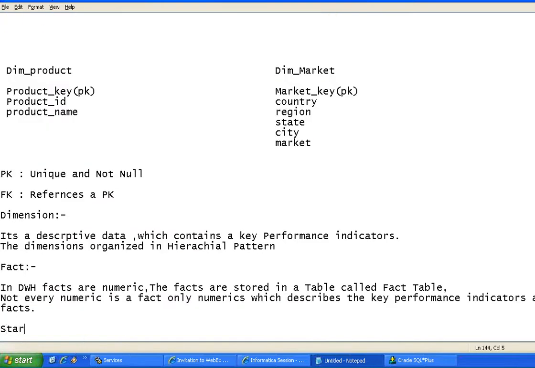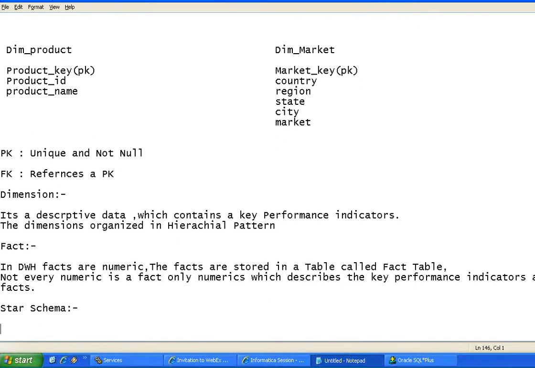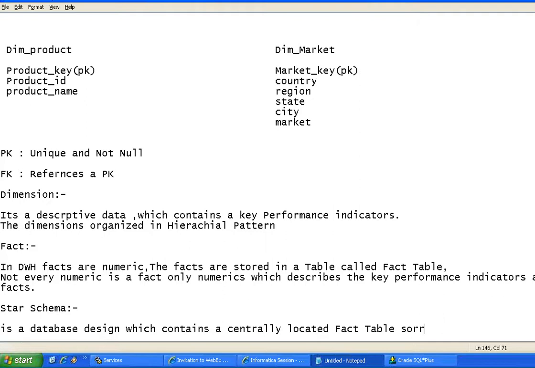Okay, so if we speak about star schema, it is a database design which contains a centrally located fact table surrounded by multiple dimension tables.